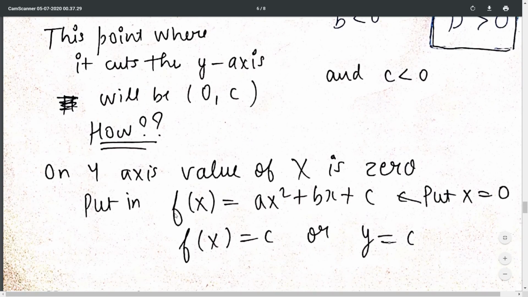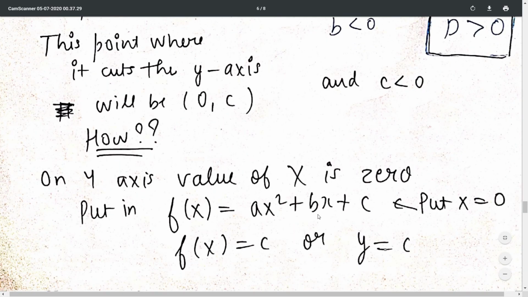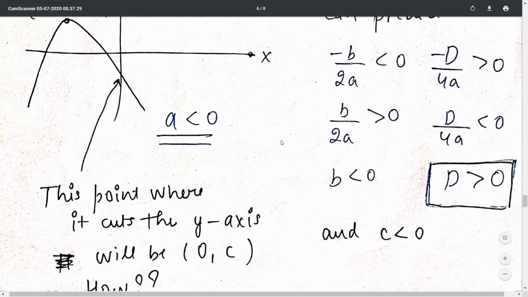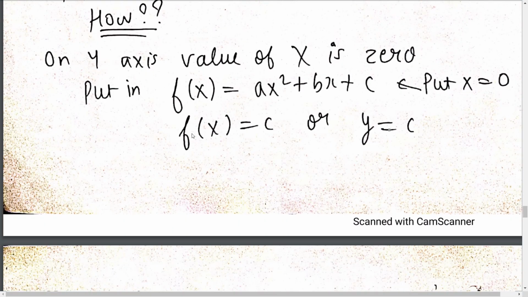All of you might be knowing, f(x) equal to ax squared plus bx plus c is the equation. Put x equal to 0. You get f(x) equal to c, or y is equal to c. So the y coordinate becomes c. x will be 0. You understand, no? So only c will be left. And c is less than 0 because it's below the x-axis.